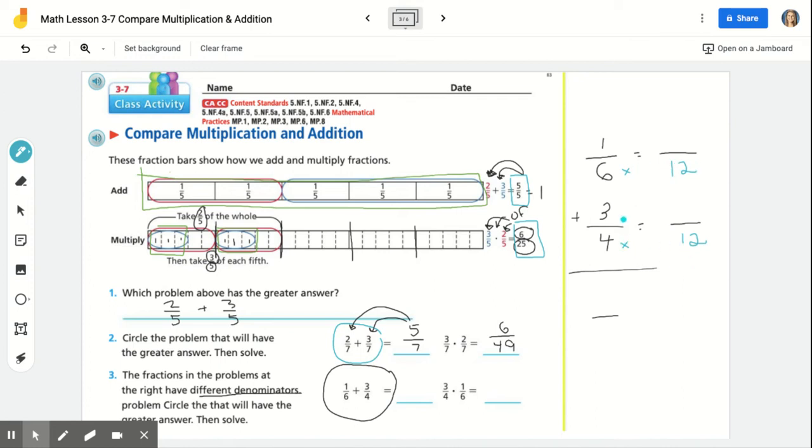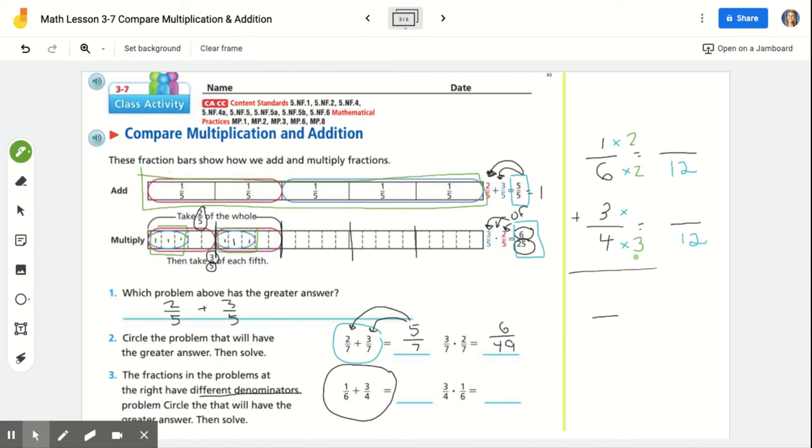So go ahead and do times something to equal 12. And now we're going to figure out what's that missing multiple here. 6 times what gives us 12? 2. Whatever you do to your denominator, you do to your numerator. So do 2 times 2. And then skip down to here, 3/4 times what gives us 12. 4 times what gives us 12? 3, so you do times 3.